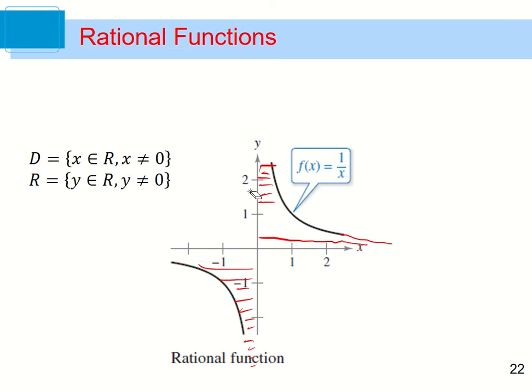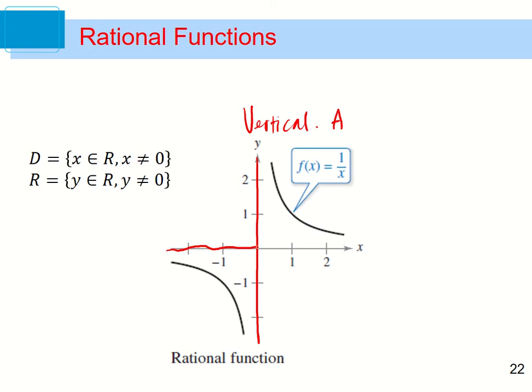Now, these two lines are very important. We call them asymptotes. The y-axis here, this line, we call the vertical asymptote. And the x-axis here is called the horizontal asymptote.